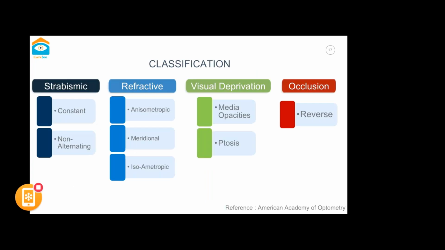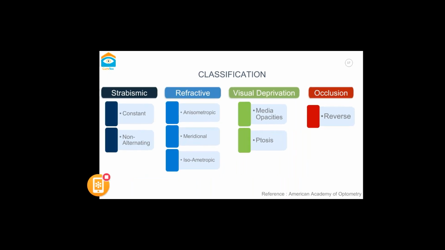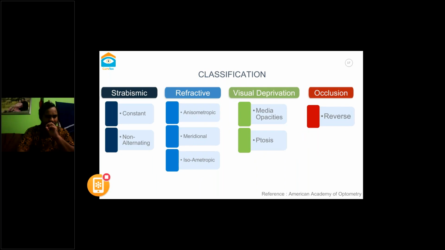Coming to the classification of amblyopia, first and foremost, strabismic amblyopia. It is constant and non-alternating strabismus which is the cause of amblyopia. Next, refractive amblyopia. Under refractive, first one is anisometropic amblyopia, in which there will be a difference in the refractive error of both the eyes, right and left.